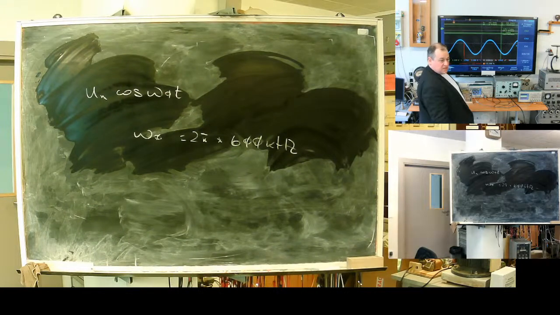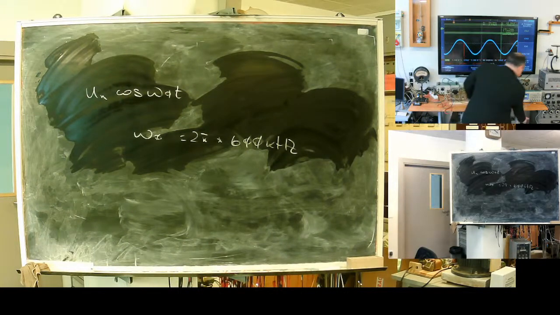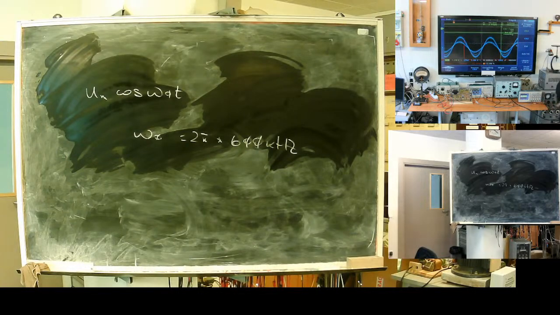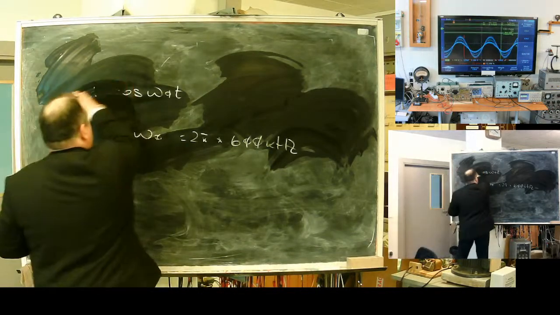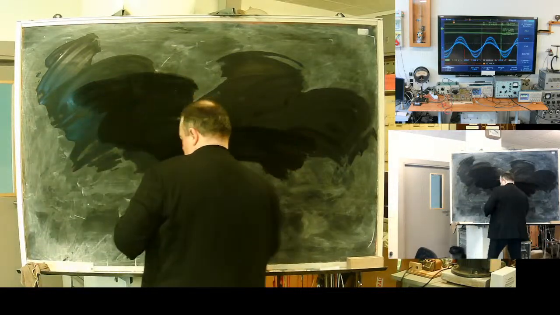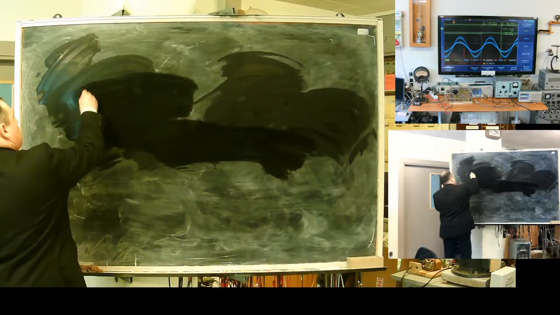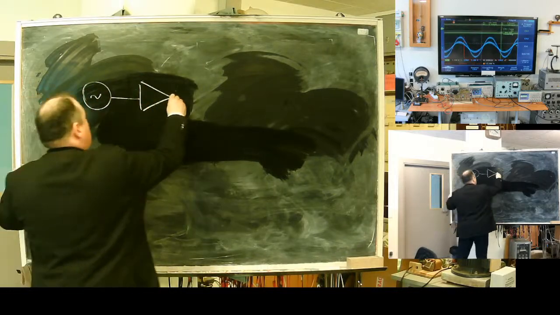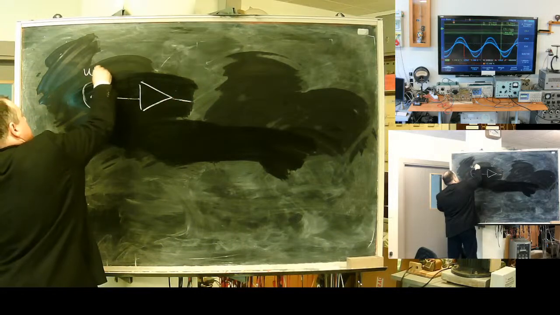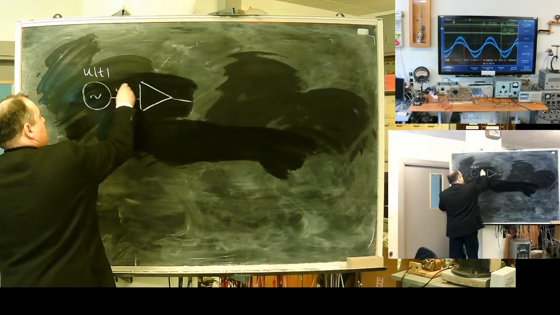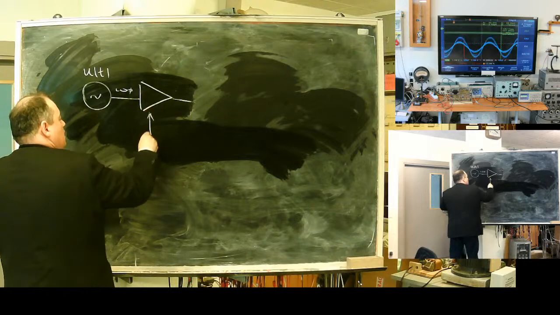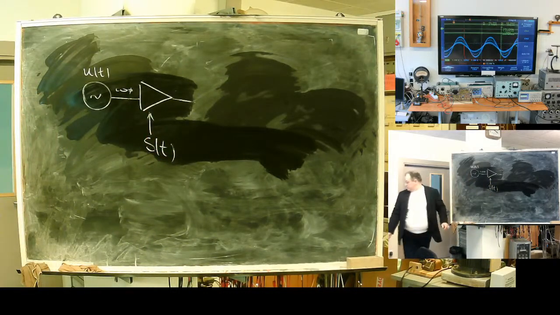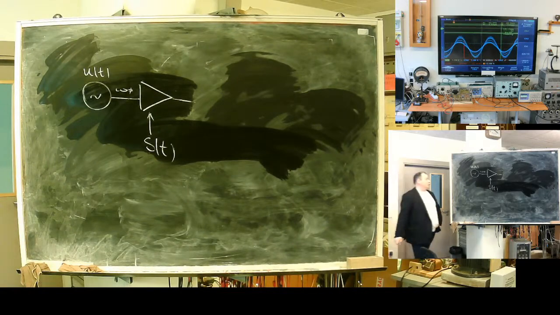I have disconnected the transferable signal. So I have a source. I have, let's say, a controllable amplifier. Here we have frequency omega 0, and this generator signal will control the gain.